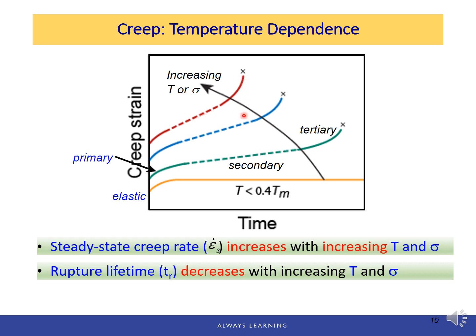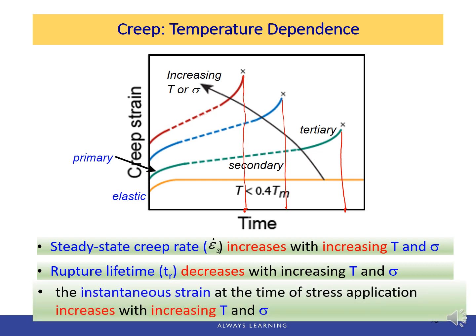So this is the rupture time for the maximum temperature and applied stress, the second largest has a rupture time which is longer than the first, and the lowest temperature and applied stress corresponds to the longest rupture lifetime. The instantaneous strain, which is the elastic strain when we just apply the load to the material, also increases with increasing temperature and applied stress.